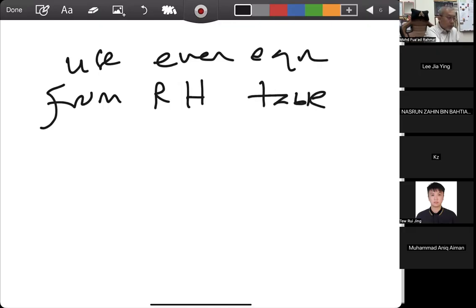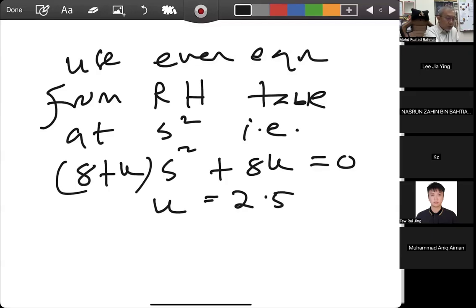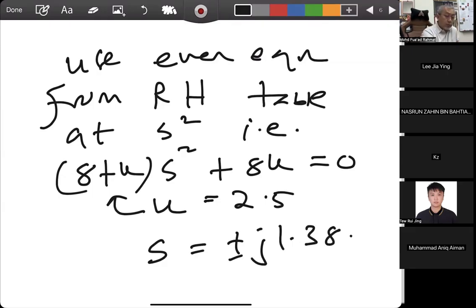Okay, add s square, which is (8 plus K)s square plus 8K equal to 0. The K that we got is 2.5 from the Routh-Hurwitz, which is the critical gain. Okay, so insert inside here, then simplified, you will get s is equal to plus minus j1.38. Okay, so this is the j omega crossing point of the root locus.